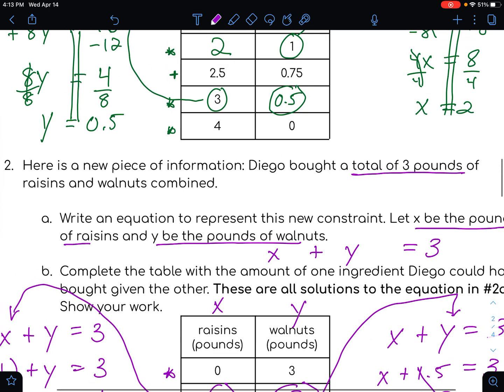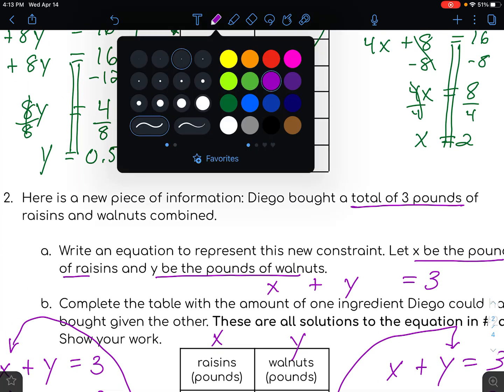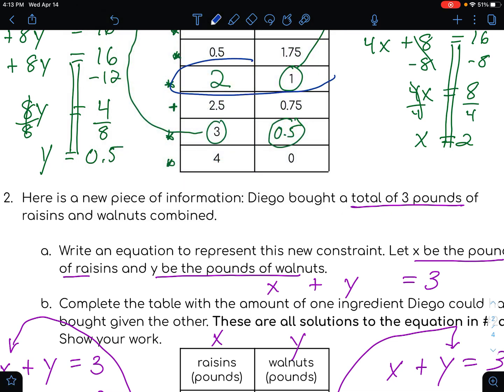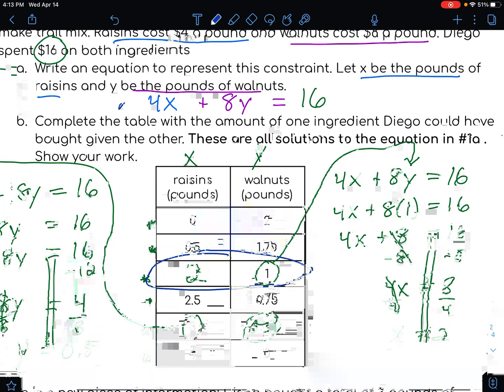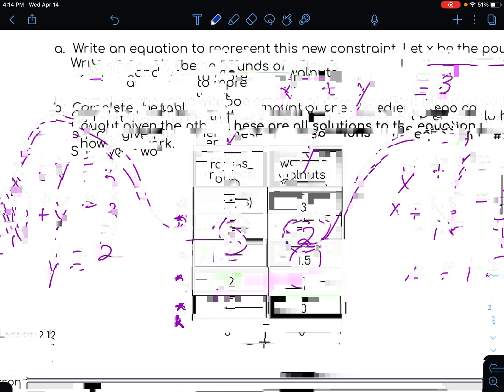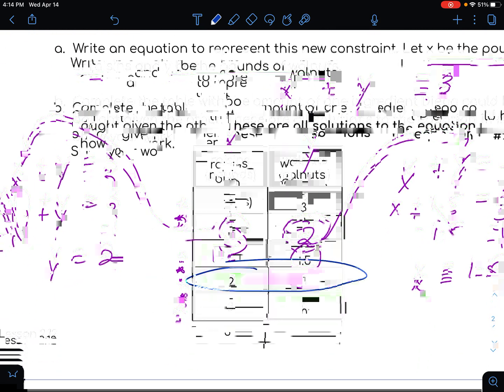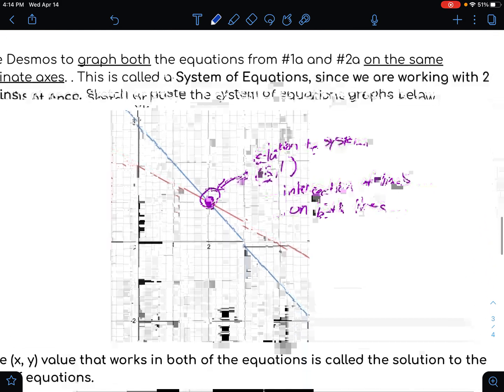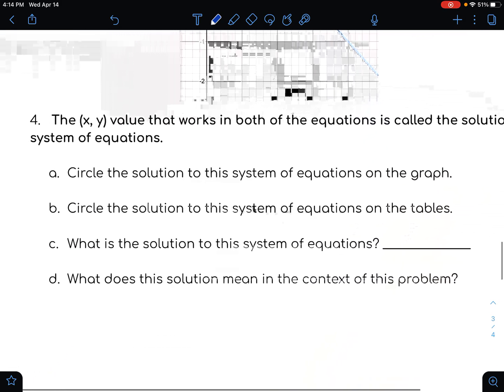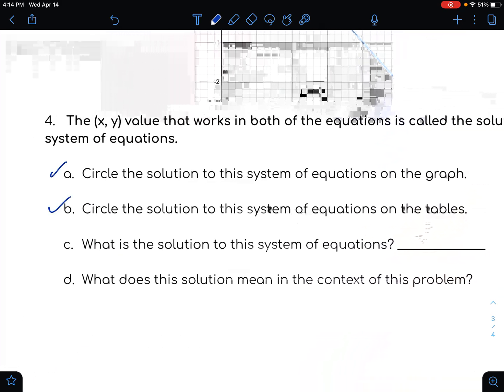You might have to look back and forth a couple times, but we actually already identified it on the graph, so maybe you noticed that. And here it is. 2, 1 is in that first table, so it was a solution to this first equation. And 2, 1 is in the second table, and therefore it is also a solution to the second equation. It's the only pair of values that's in both of the tables. So we'll circle that in both of the tables.